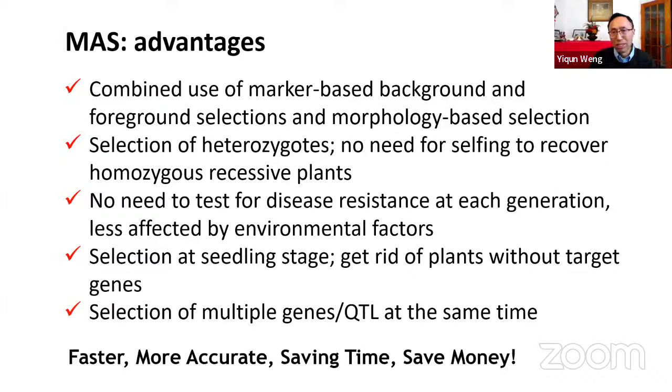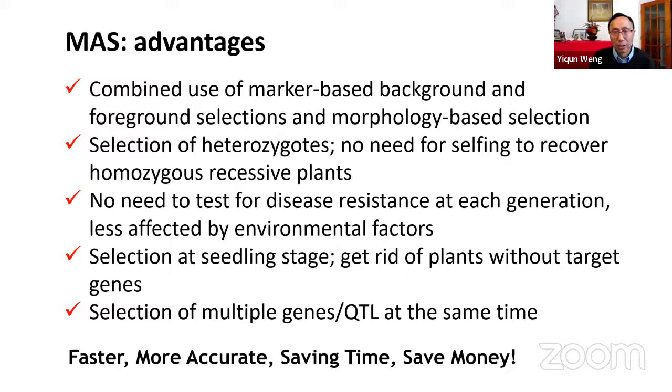So you don't really need to test the resistance each generation, which is often affected by environmental factors or spends a lot of time and money to do the test for these resistance or quality traits.